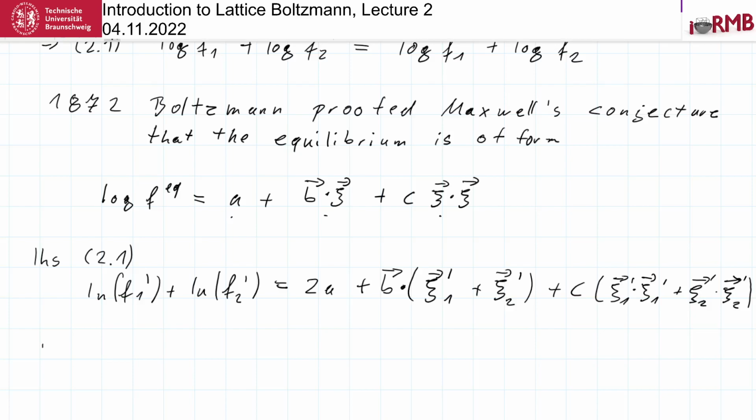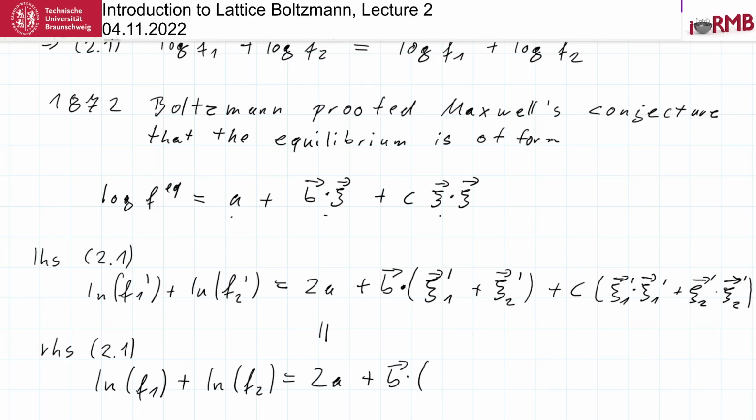And if you look at the right-hand side of 2.1, we have, of course, ln f1 plus ln f2, and this is 2a, and we see that would be the same. So we are conserving the number of particles. This is what it means. Plus b comes now xi1 plus xi2. So this is the momentum before collision, and you see this is the same momentum as after collision.